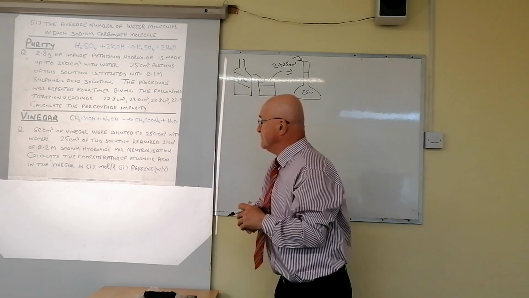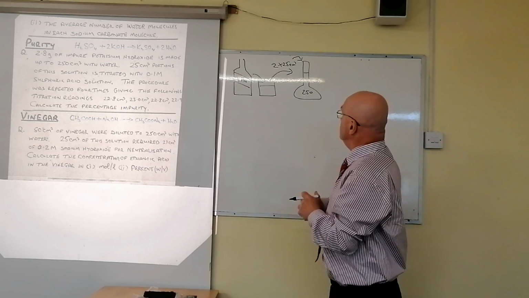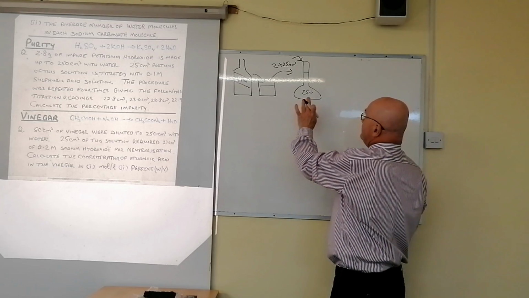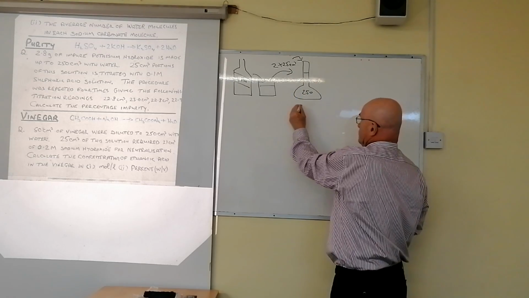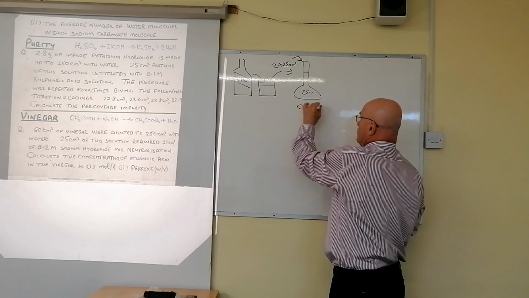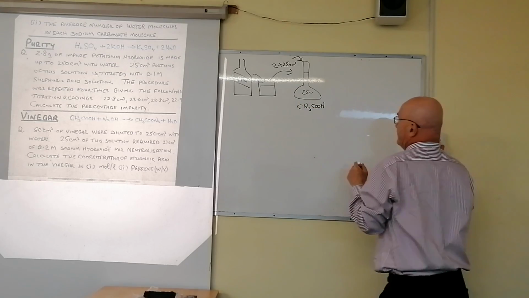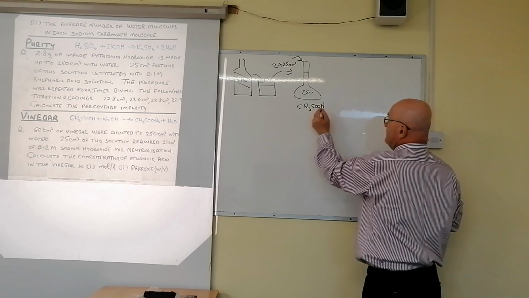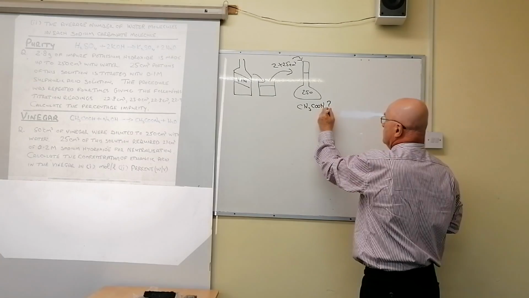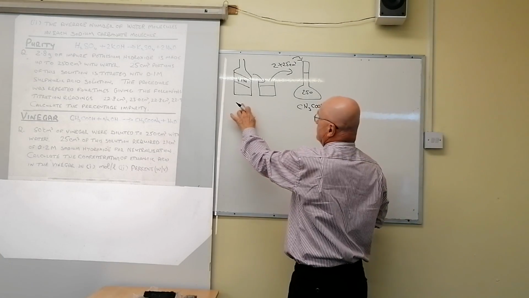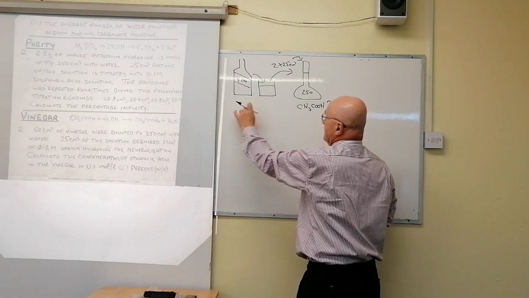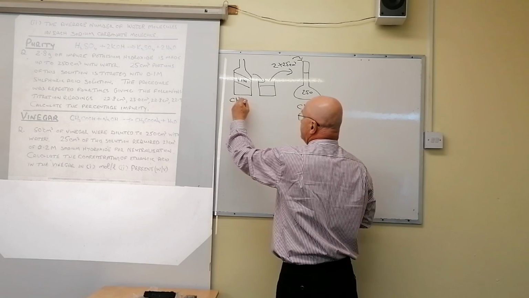That's vitally important, okay? Now, do you all know then, if you put 50 centimeters cubed into this flask and you make it up with water, you're going to have CH3COOH in here, and you're going to be looking for its concentration, of course. That's what we're doing. And do you know that this original commercial vinegar is ethanoic acid as well, CH3COOH?